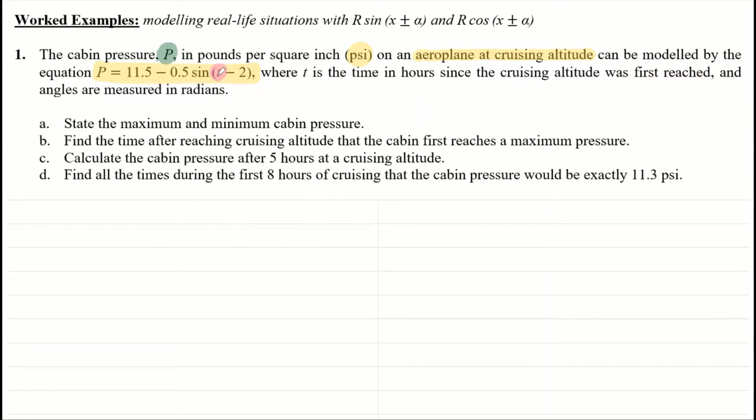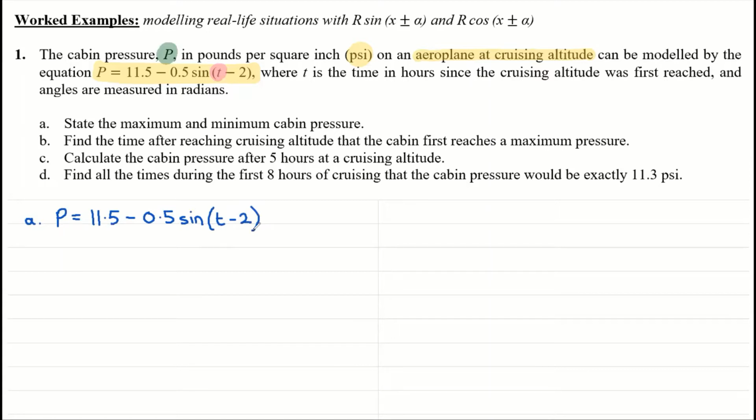Right, okay, so what do we have to do here? Well, we have to state the maximum and minimum cabin pressures. So if I just write out the equation that we've been given, so I'll put it here. So we've got A, and the pressure is 11.5 subtract 0.5 multiplied by the sine of t subtract 2.